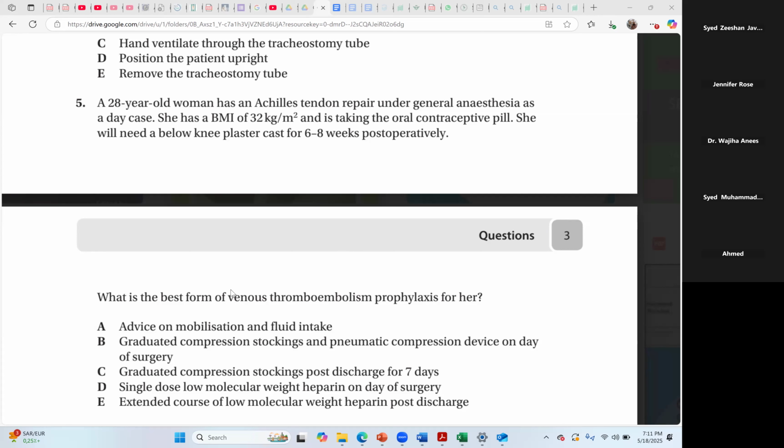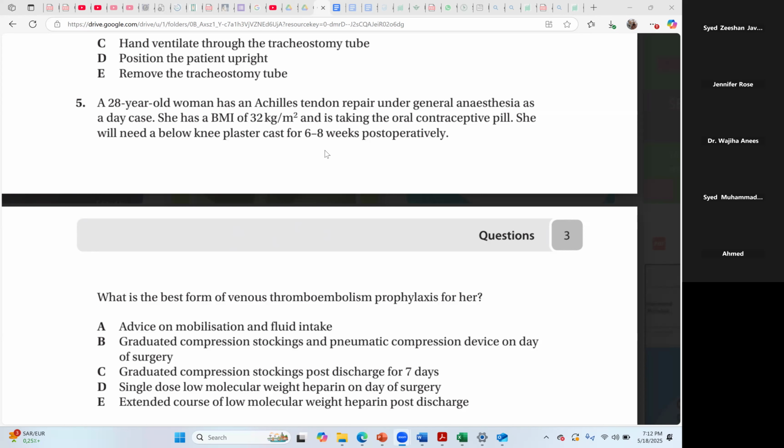Sir, risk factors for venous thromboembolism: bedridden patients, obesity, high risk surgery, previous history of any DVT, hypercoagulability, coagulopathy, congenital disorders related to coagulation factors.